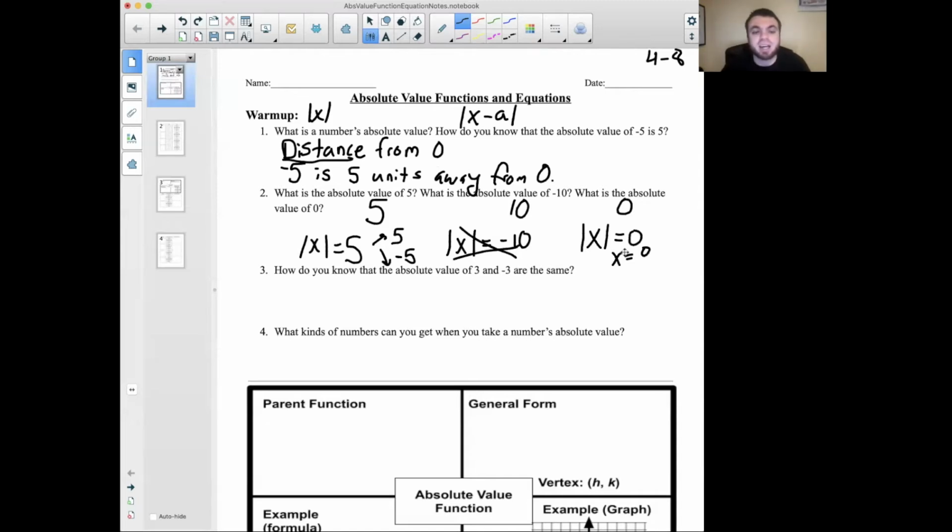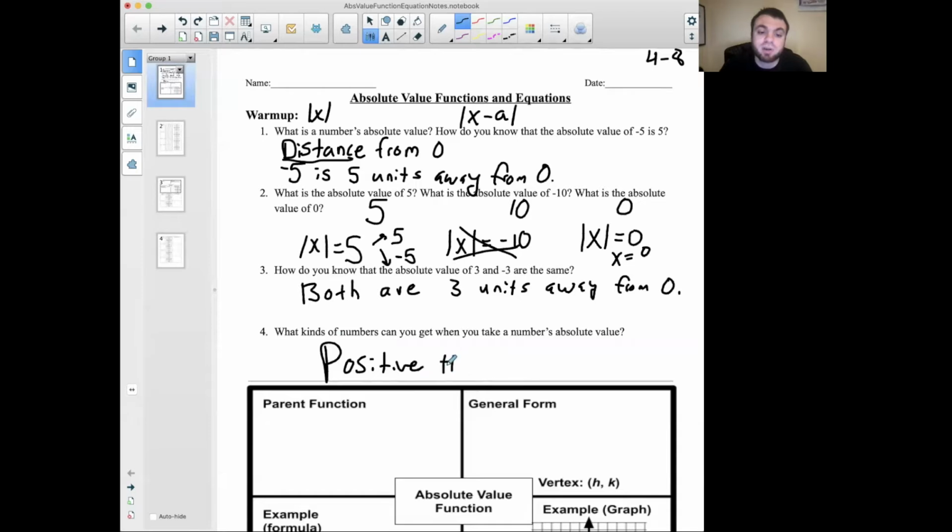All right, next thing, how do you know the absolute value of 3 and -3 are the same? We said that both are 3 units away from 0. And finally, what kind of numbers can you get when you take a number's absolute value? And we said there are two kinds: positive numbers and 0.